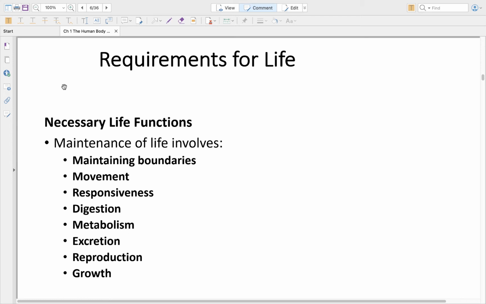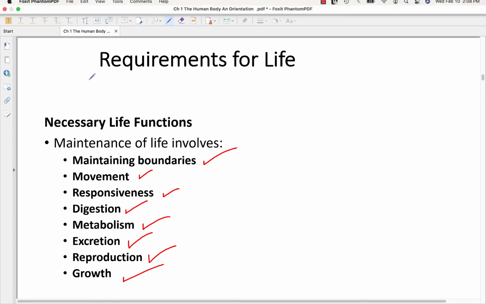What is the requirement for an organism to be considered alive? What does it have to have? Okay, so it has to have these necessary life functions. It has to be able to maintain boundaries. It has to be able to move, respond, digest, metabolize, excrete, reproduce, and grow. Okay, that's easy enough.